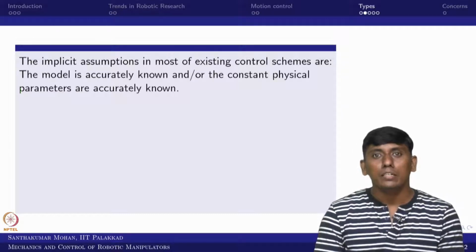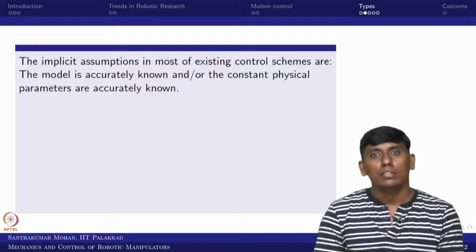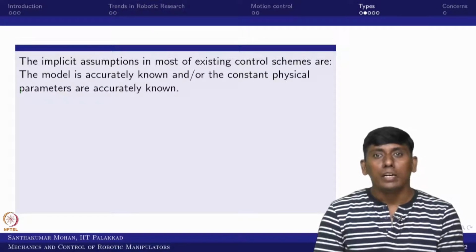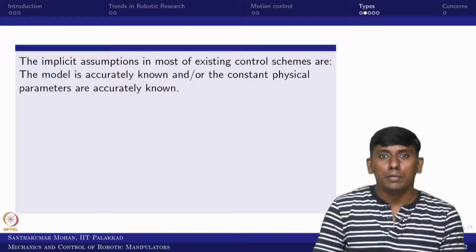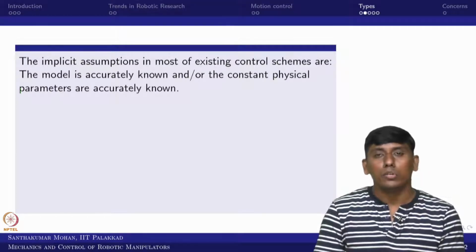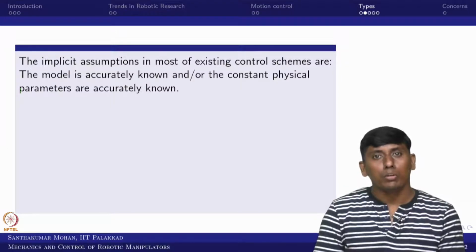What does that mean? It is least affected by external impact. For example, it is supposed to go in a straight line, and even if you disturb it in the lateral direction, it responds the least. That is what you call robustness.